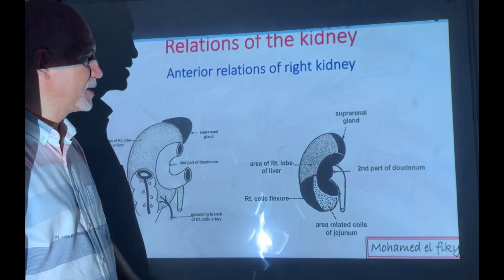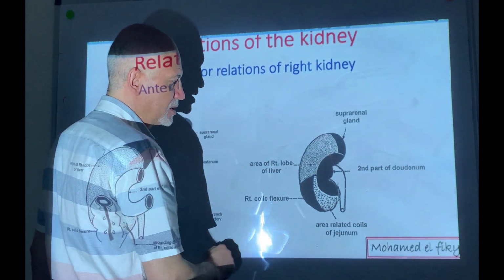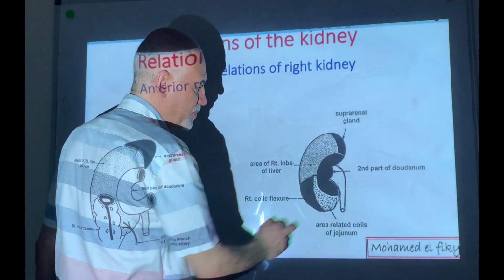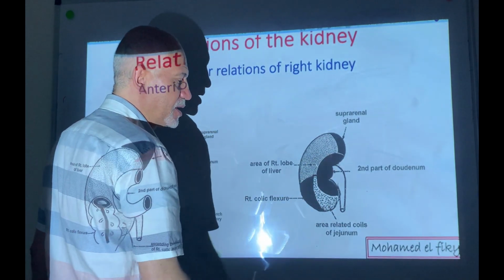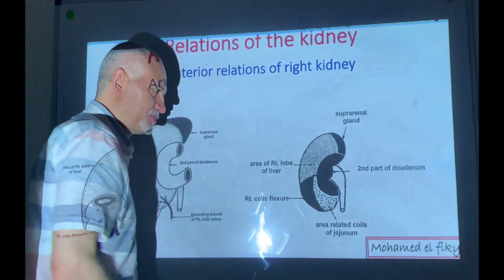Again, this is the suprarenal gland, liver, second part of duodenum, and area of coils of jejunum and colic flexure.